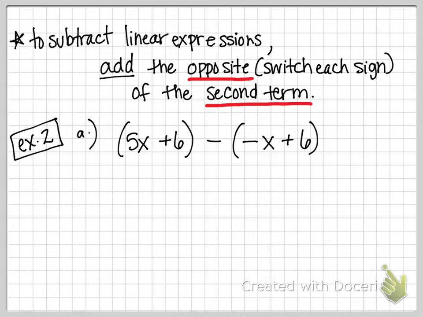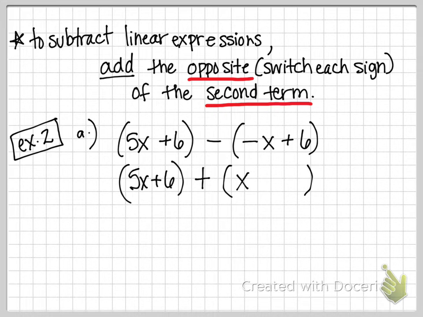So this is going to come down, 5x plus 6. Instead of subtract, we're going to add the opposites of what was in the parentheses. What's the opposite of negative x? Bridget? Positive x. Wouldn't it, because those negative signs are next to each other, wouldn't we turn them both into positives?